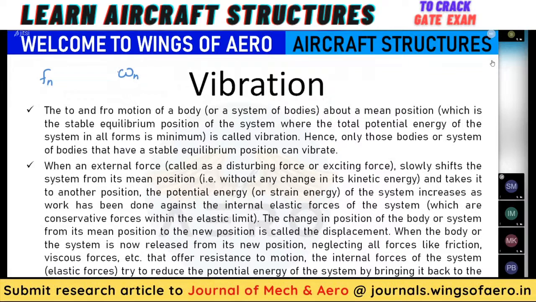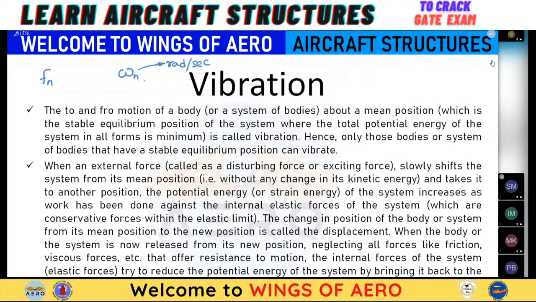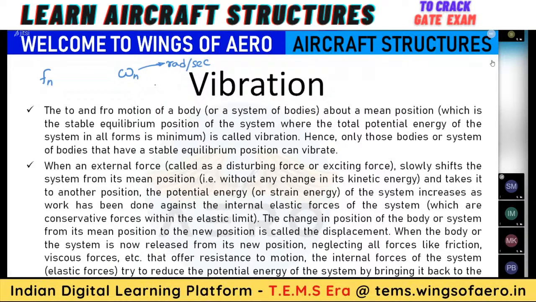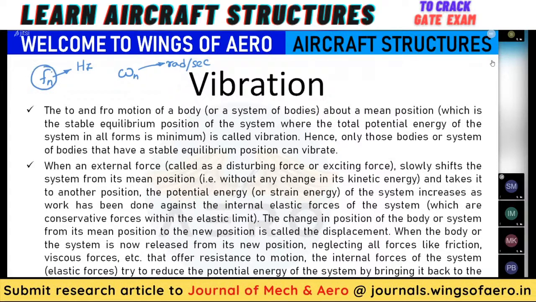If in the options you see something like radian per second, that means you have to find omega suffix n. If in your options they have given the unit as hertz, that means you have to find f suffix n.